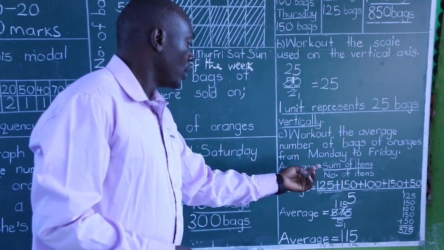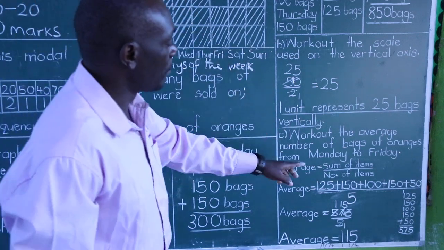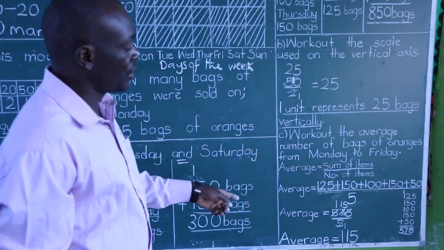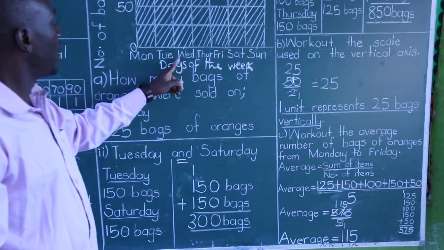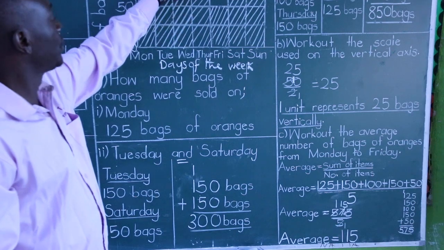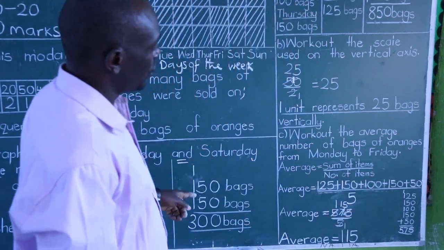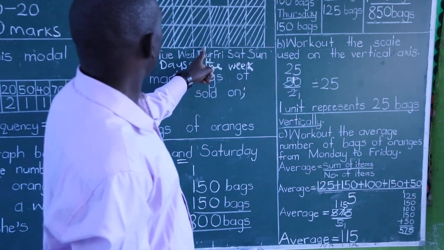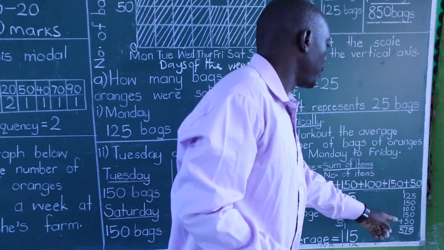So we look at Monday sale, which is 125. We bring it down. Tuesday sale, which is 150. Bring it down. You add on that of Wednesday, which is 100. Then go to Thursday, add it on, which is 150 also, plus 150.